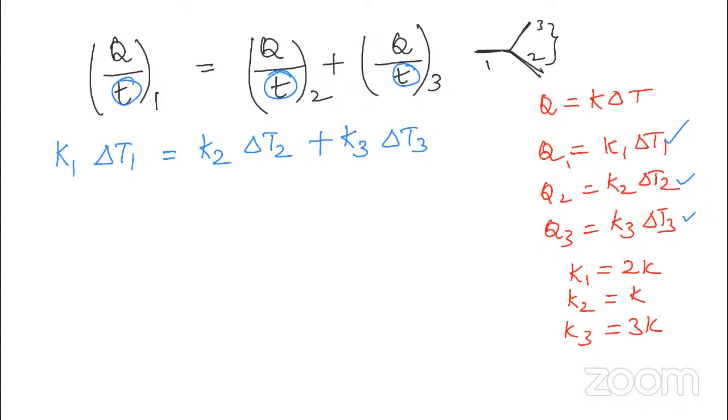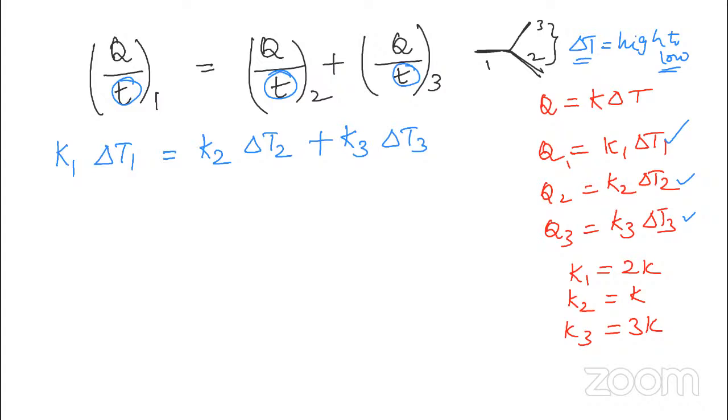So here delta T is nothing but the temperature difference, calculated from high temperature to low temperature. Okay, keep in mind that it is high temperature to low temperature. For the first rod, what will be the initial temperature and final temperature? That gives the delta T1 values.